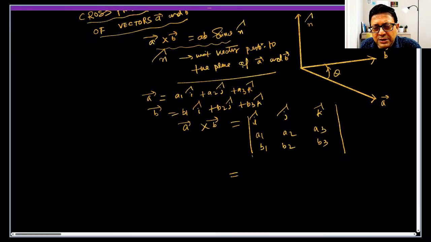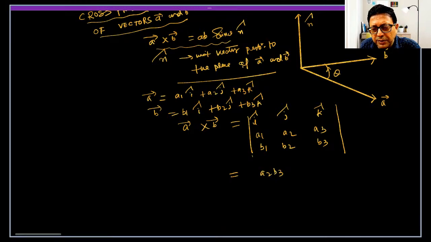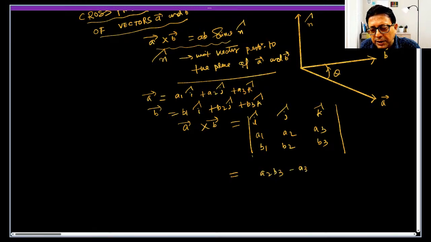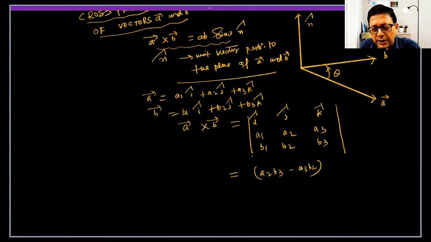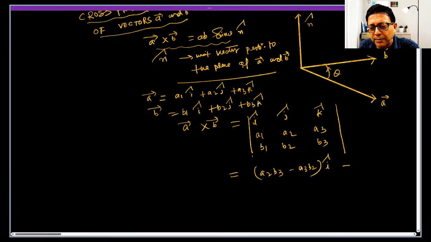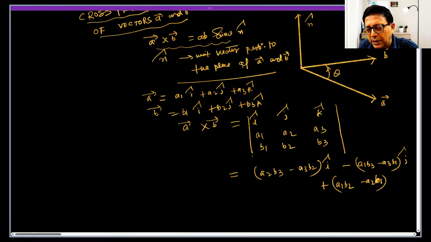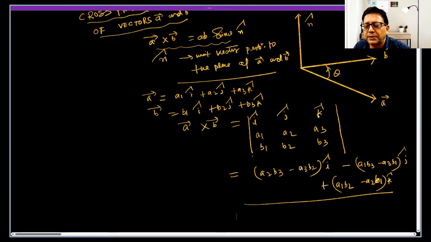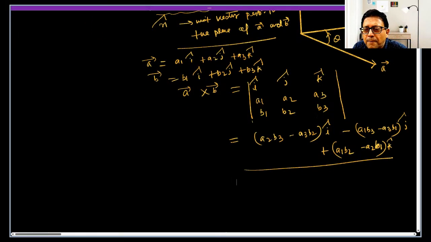And this on simplification will give you (A2B3 minus A3B2) i cap minus (A1B3 minus A3B1) j cap plus (A1B2 minus A2B1) k cap. Okay.